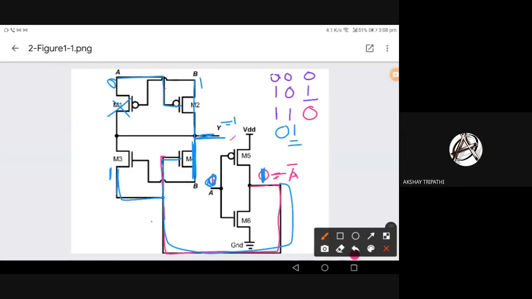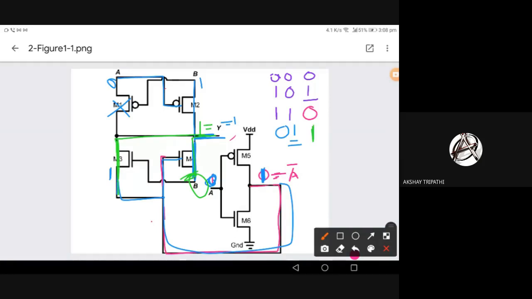So this high value of B is also short circuited to Y. So again we can ensure that Y is high not only from the bottom but also from the top. Right, so it is strengthened. And M3 is also on. Again it is strengthened by this one from the A bar. Okay, so we got one.